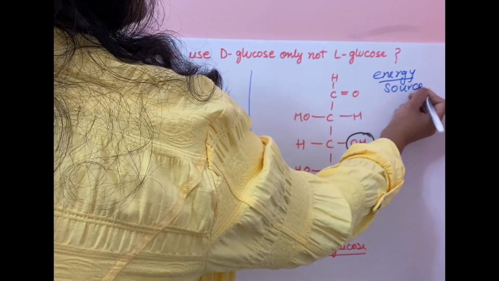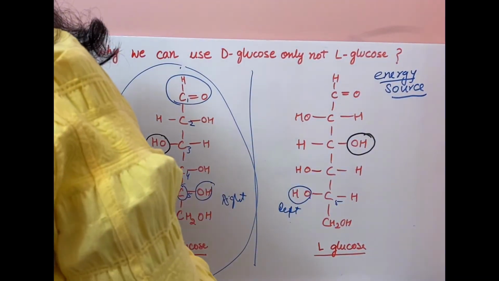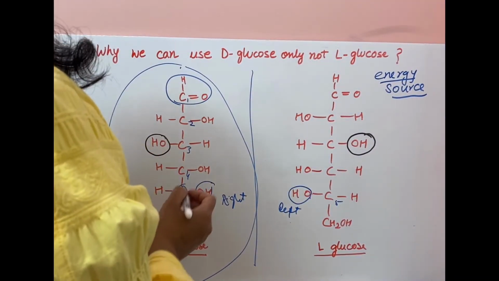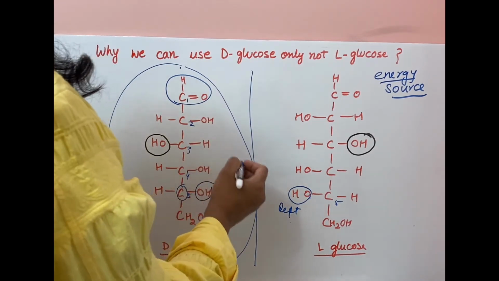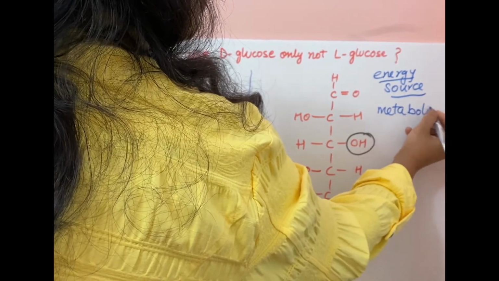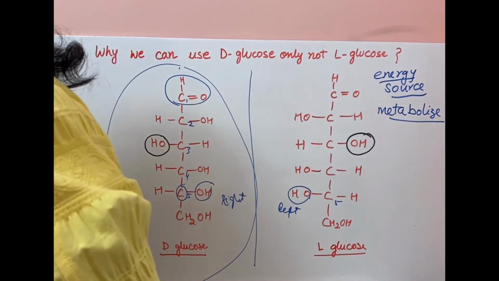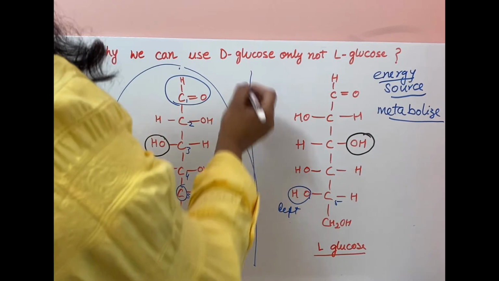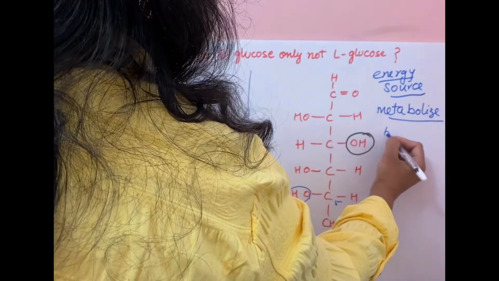And for using it as an energy source, what is required? Glucose should be metabolized. What does it mean? Metabolize means breakdown of glucose.